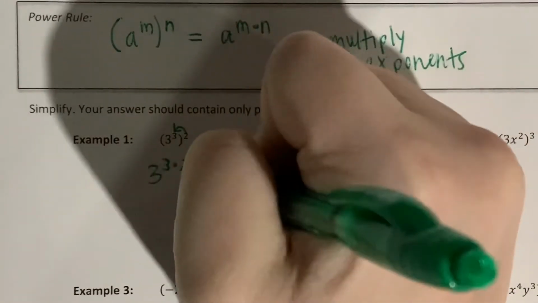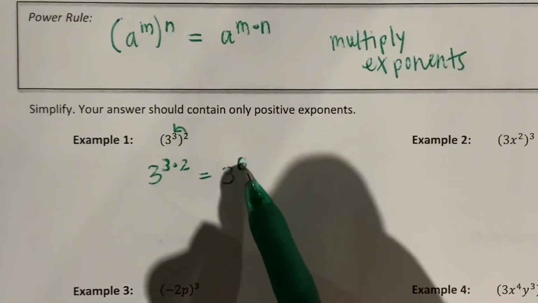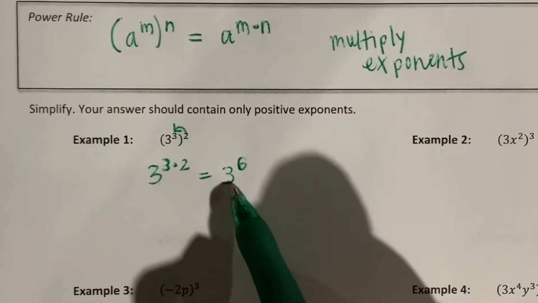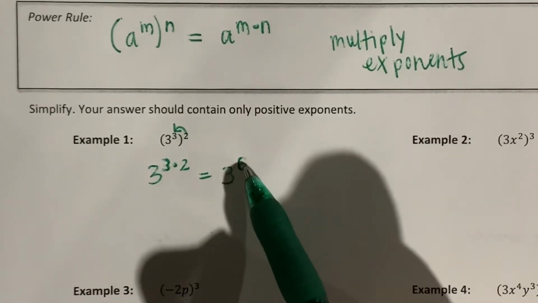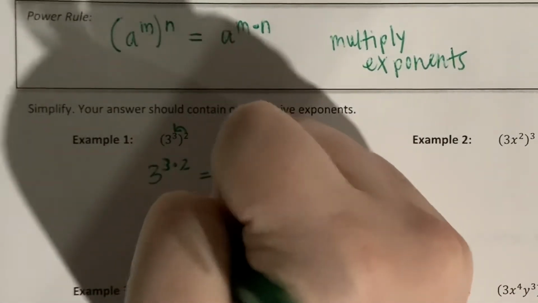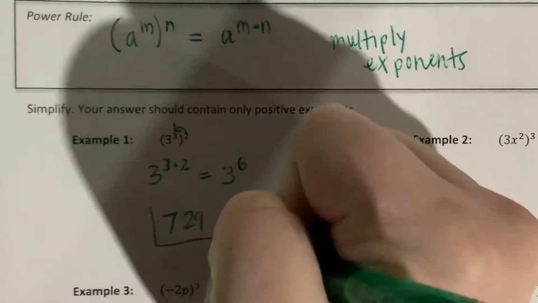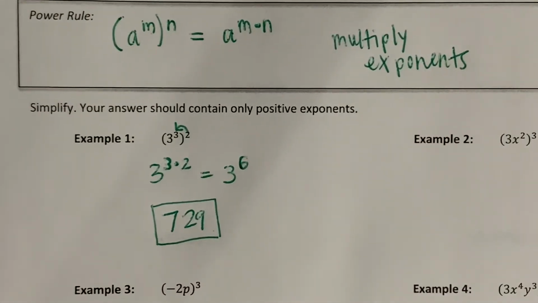In other words, I'm doing 3 to the 6th power. This really means I'm going to do 3 times 3 times 3 times 3 times 3 times 3, 6 times. Or you can go to your calculator and do 3 raised to the 6th power. When we do that, we would get 729. So in this first example, we have no variable. We just got a number, 729.